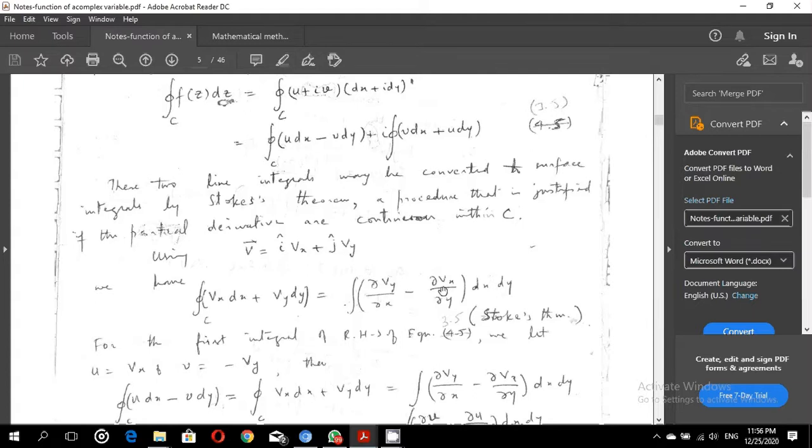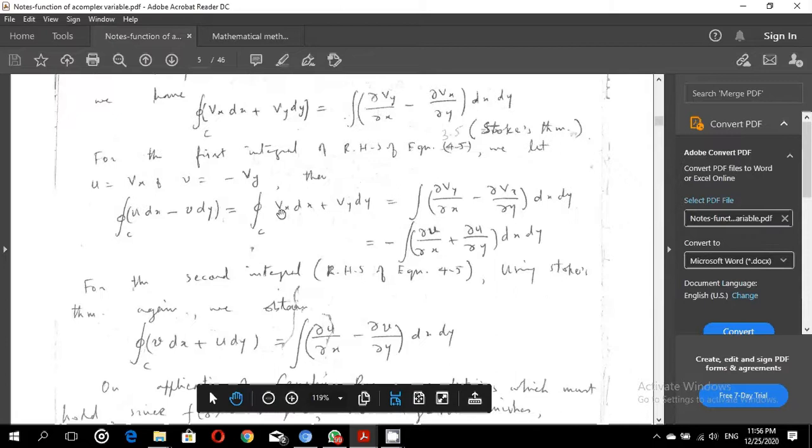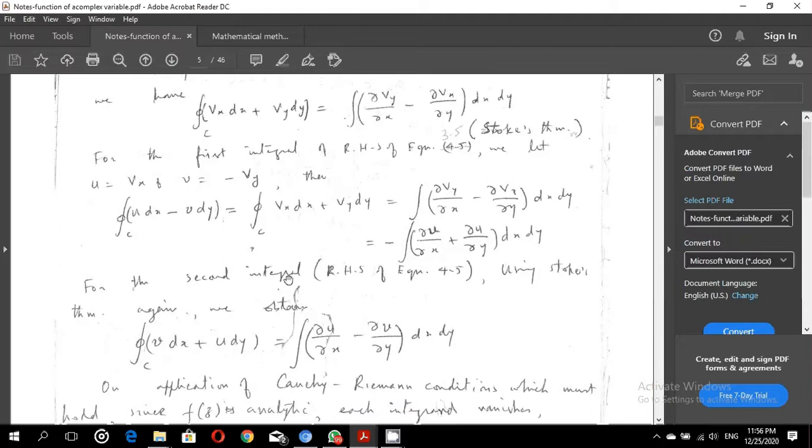That is the CR condition, because the function is analytic in the region, so the CR conditions must be satisfied. So this is the first CR condition, and it makes this equal to 0. So it means the real part of the integral is 0.